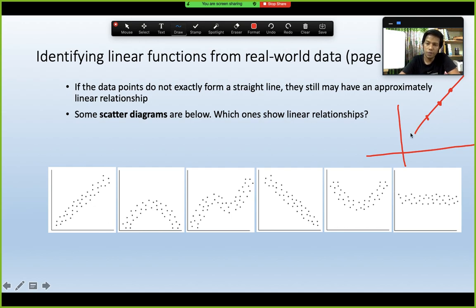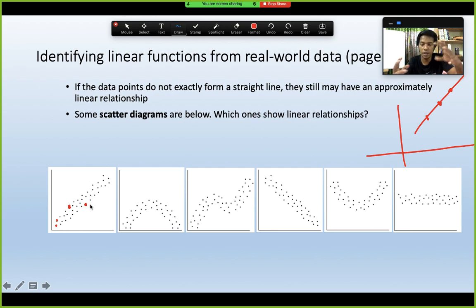But in our real life data, they are not like that. Some values may scatter, which is like this. Some value may come here, some value is there, some value is here, some value is there. The values are scattered, not on the same line.